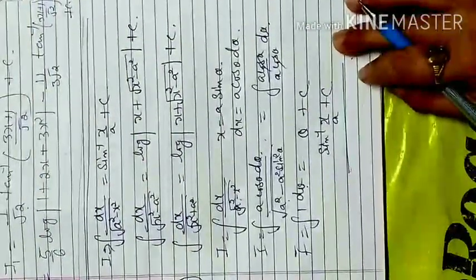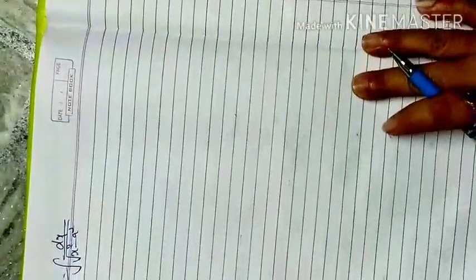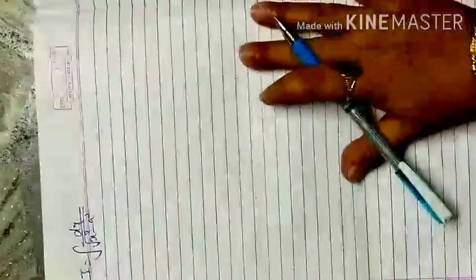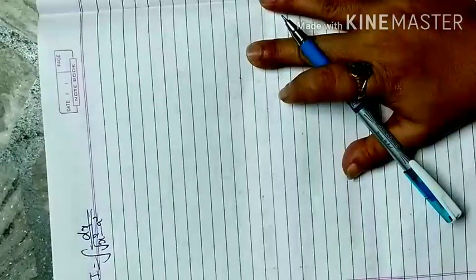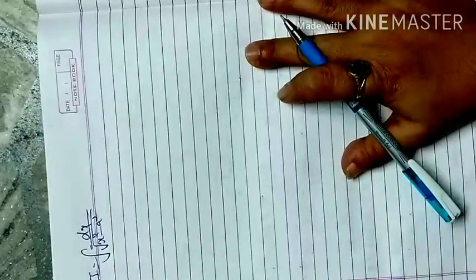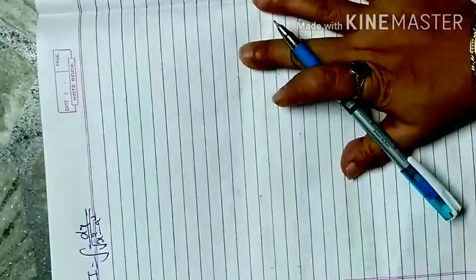Now next, if there is the form x square minus a square or x square plus a square, then how will you solve this? If your question is like x square minus a square, because x is in the front position, the negative sign accompanies it, so that is related to the secant theta formula.